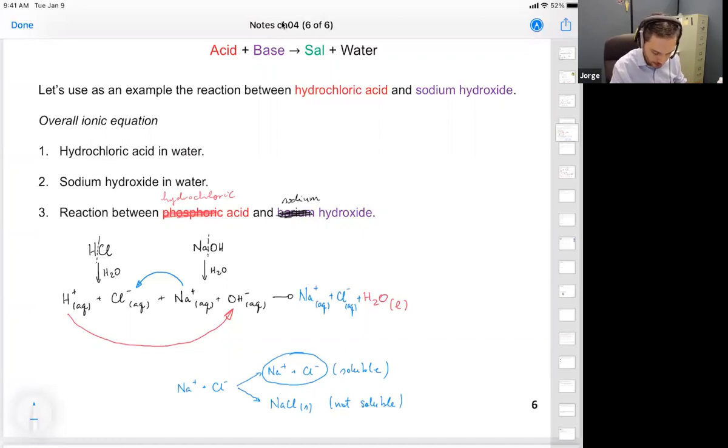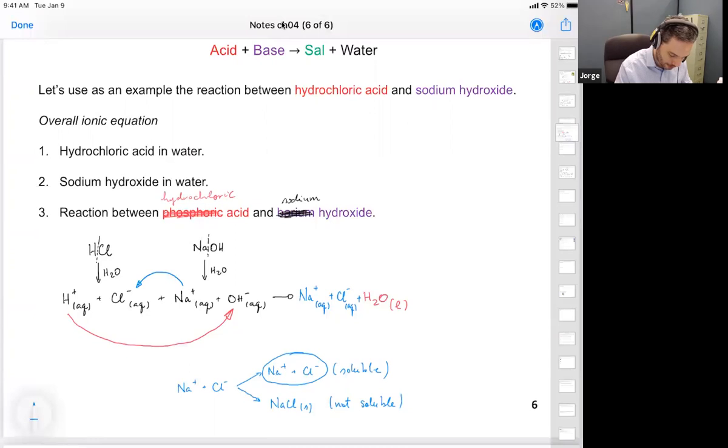Okay, so what we have here now, it's the overall ionic equation. Okay, so we have all the ions represented in the equation. And see here that we have Na plus and Cl minus in the beginning and at the end.